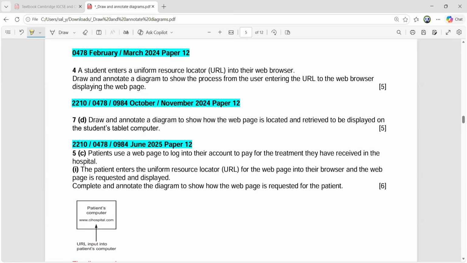Patients use a web page to log into their account to pay for the treatment they have received in the hospital. The patient enters a URL for the web page into their browser, and the web page is requested and displayed. Complete and annotate the diagram to show how the web page is requested for the patient.